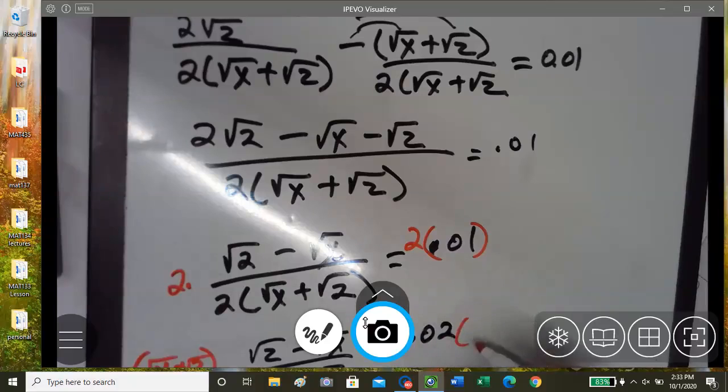And so that'll be square root of x plus the square root of 2. Okay, so this cancels here, and we end up with the square root of 2 minus the square root of x is equal to, and then we can distribute 0.02 square root of x plus 0.02 square root 2.